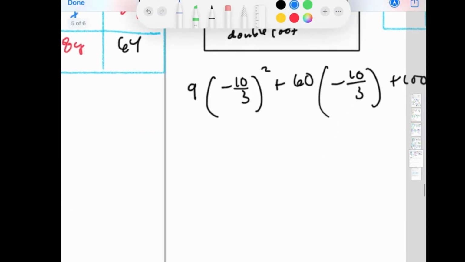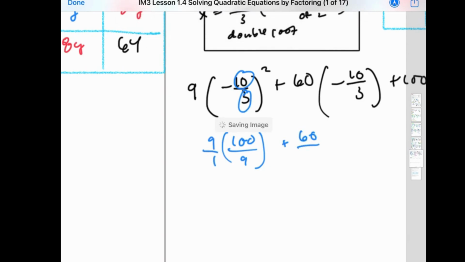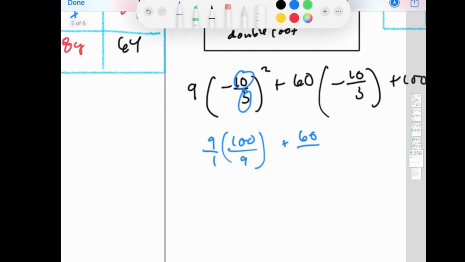Okay, so square both of these numbers, that'll become 100 over 9. And this one's going to be, let me show you guys how I like to simplify these. It is cross canceling here, but 3 times 20.